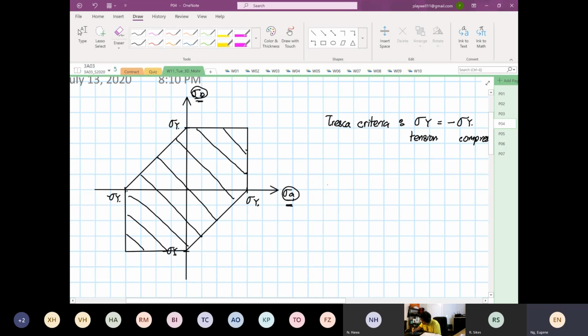when stress A and stress B are within the shaded region, the material will not yield.